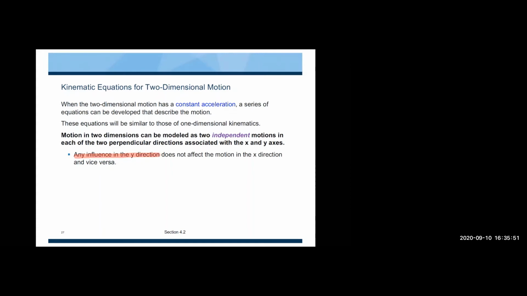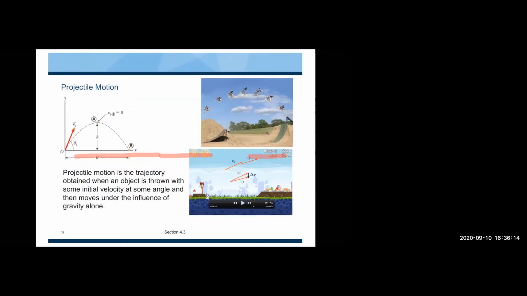And very importantly, any influence in the y direction does not affect the motion in the x direction. So this is very important because from that we could start treating the two-dimensional motion as two separate problems. So let us take a look how it works.